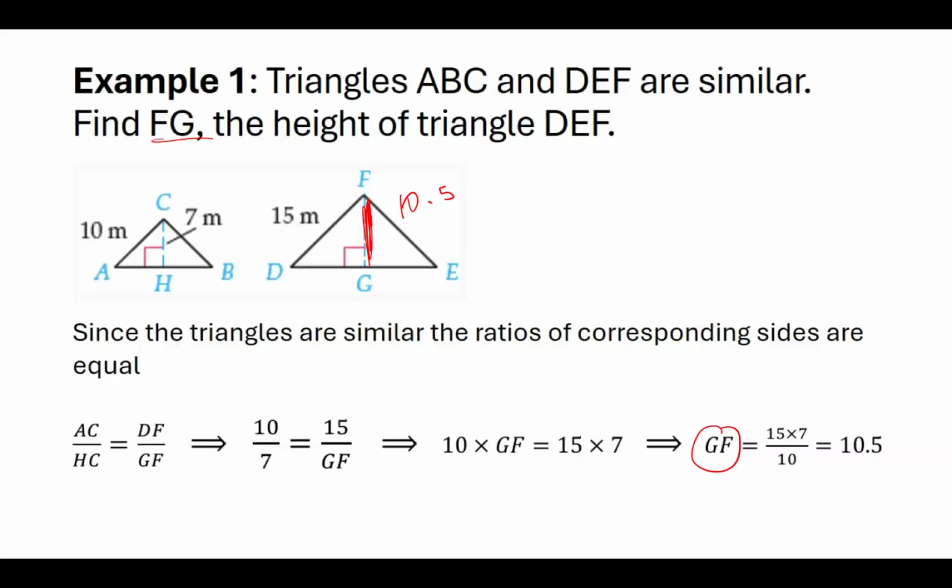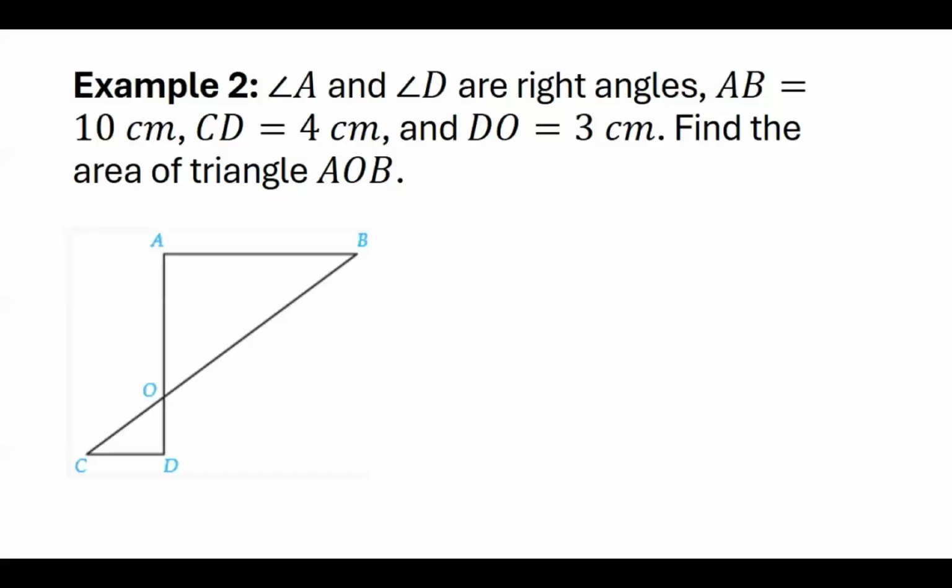Let's do another example. In the next example, I have this figure, and it says that angle A and angle D are right angles. And I also have AB is 10, so maybe I should put that information.